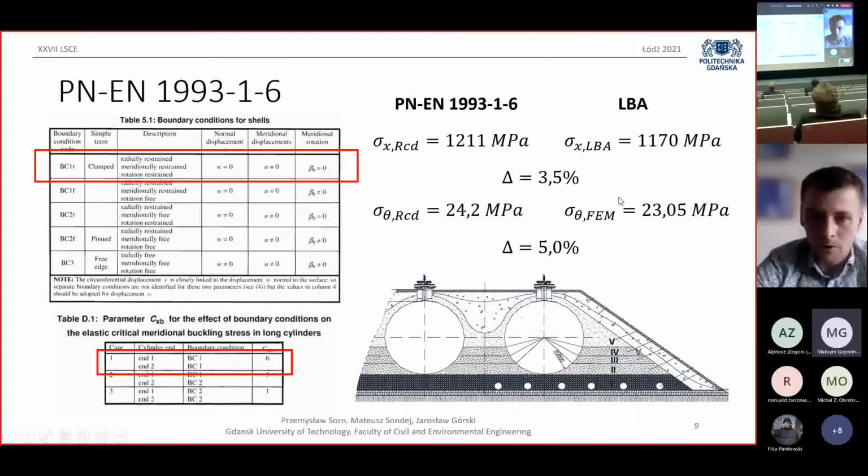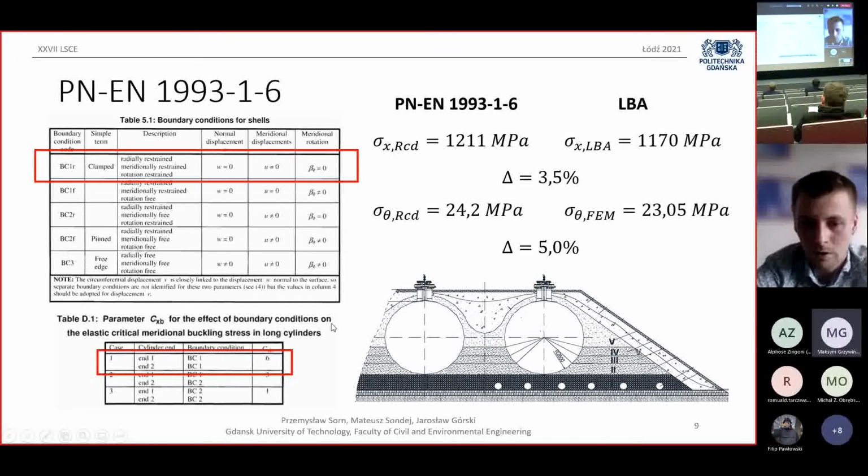We see that the difference between the model and the results from the Eurocode is around 3.5% for the longitudinal load and 5.5% in the situation when we consider the normal to shell load.